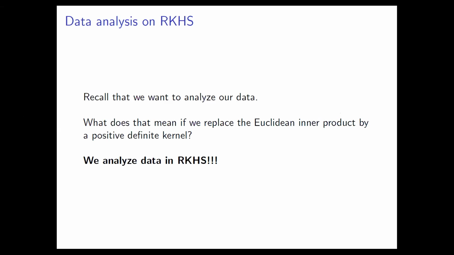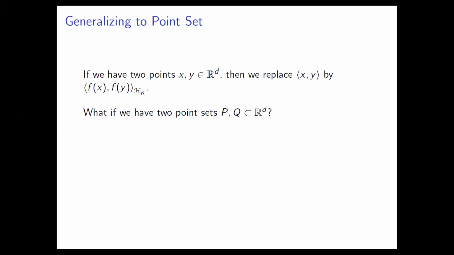Then the answer is, we actually analyze the data in the reproducing kernel Hilbert space. So if we have two points x, y in Euclidean space, we can replace it by the inner product of f(x) and f(y). And f here is the lifting map we defined before.